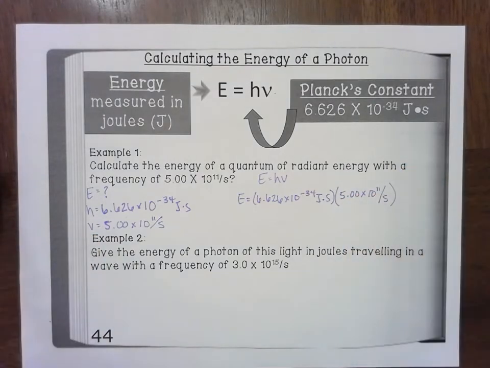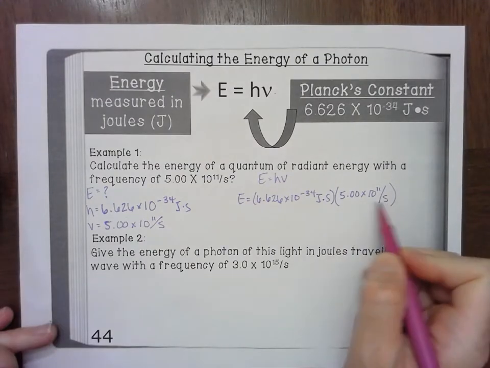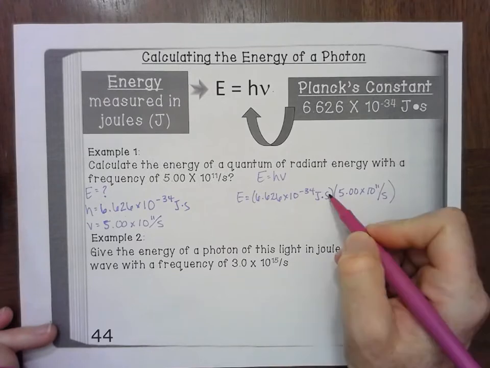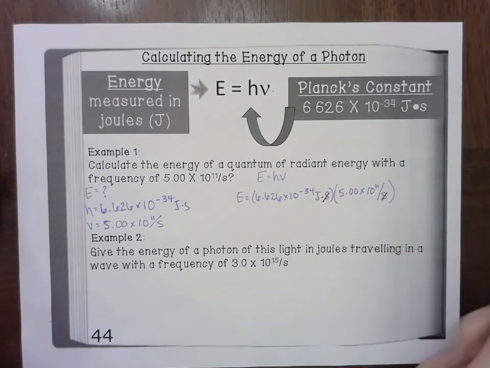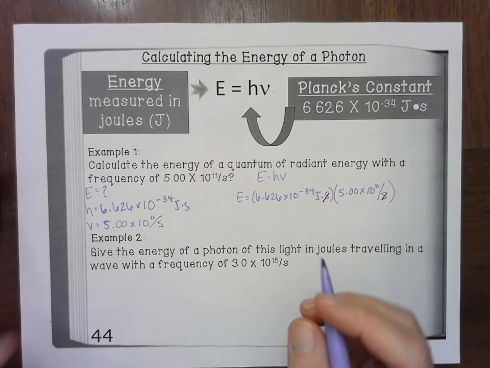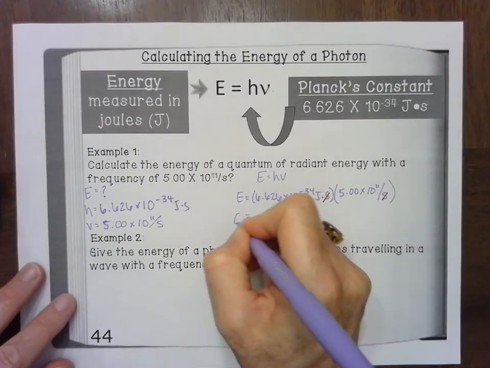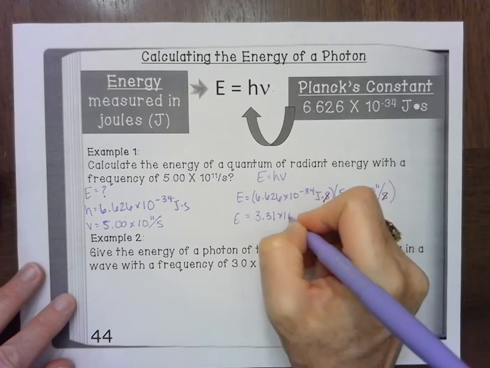The seconds are cancelable because this one is a numerator and this one is a denominator. And then in my calculator, when I multiply these two numbers, I get 3.31 times 10 to the negative 22.